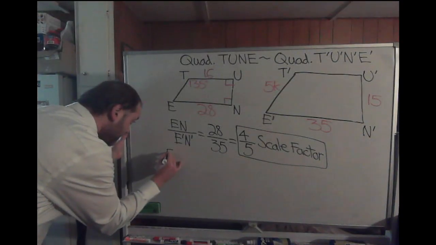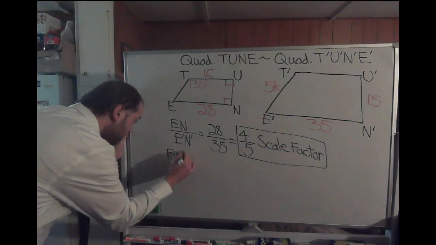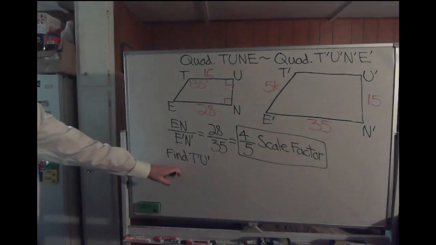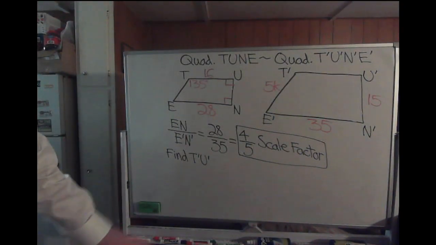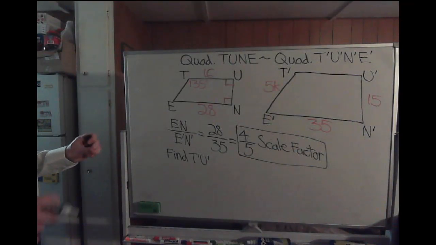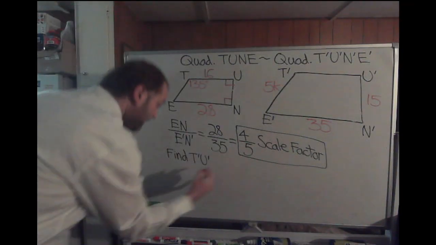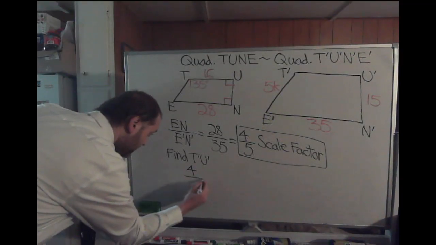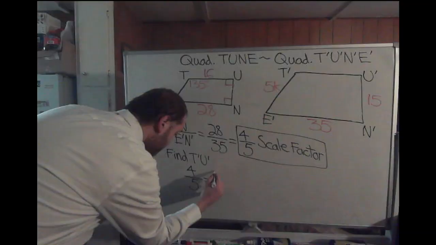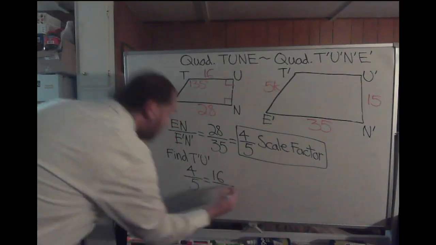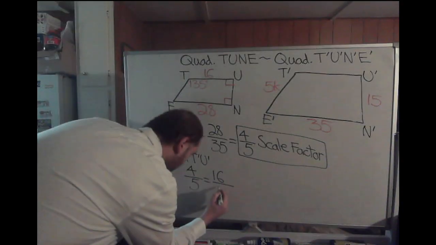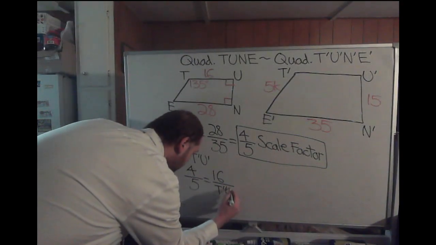This time we're going to find T prime U prime. So we're being asked to find T prime U prime. So let's take our scale factor of 4 to 5, right? Set that equal to your value of TU, which would be 16, over your corresponding side of the second quadrilateral, which would be T prime U prime.